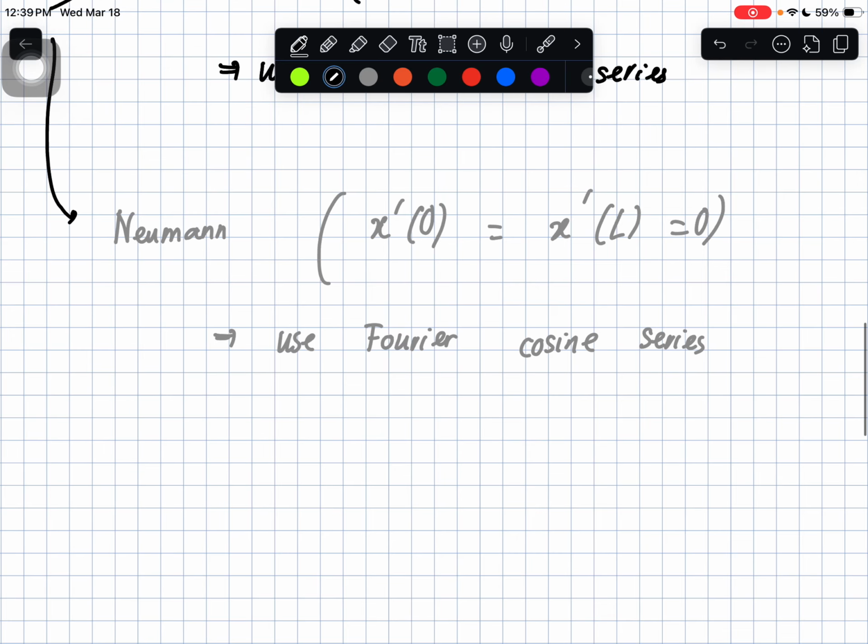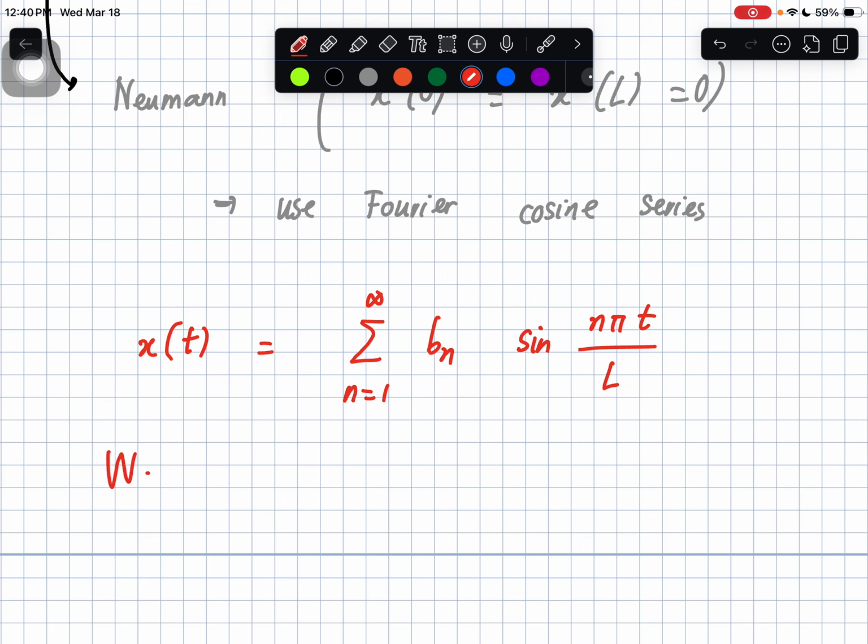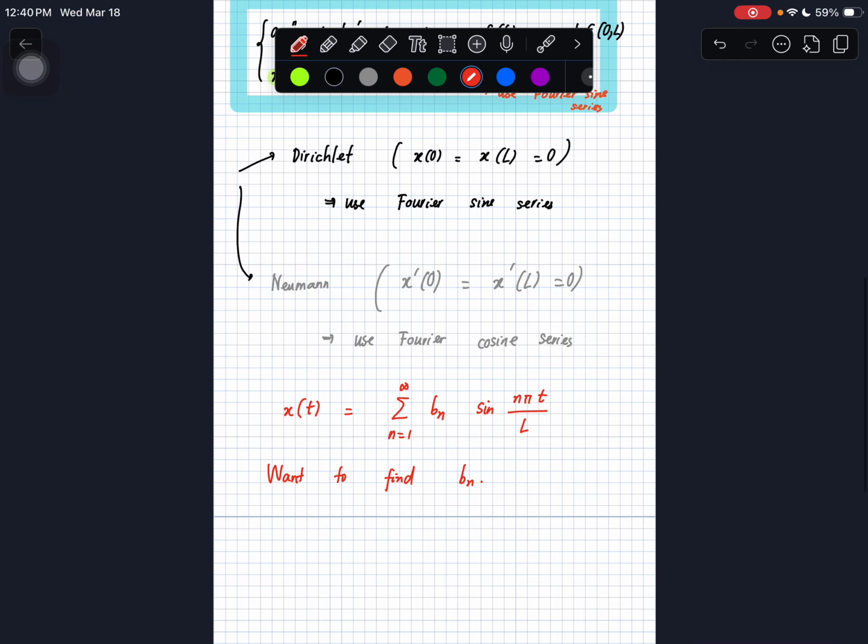Let's write down the Fourier sine series of x: x(t) equals the summation of b_n sine(n pi t over L), from 1 to infinity. We want to find the coefficient b_n, and when we find it, we get the formal Fourier series solution.